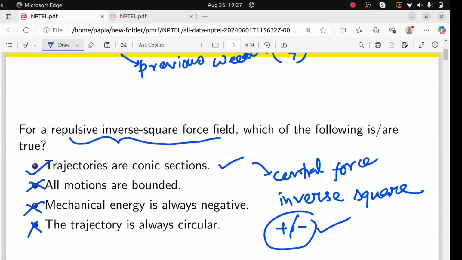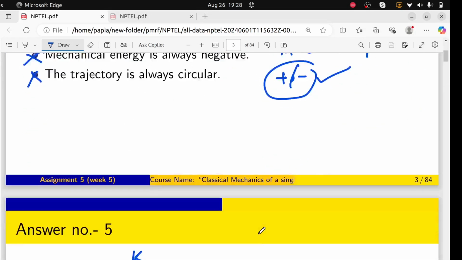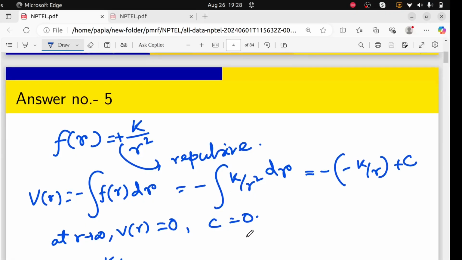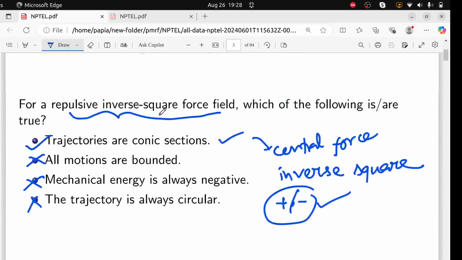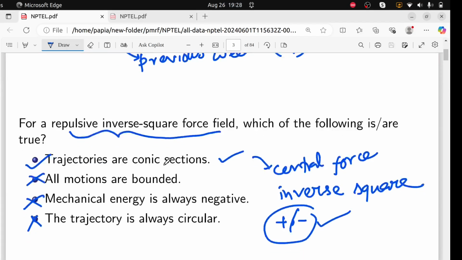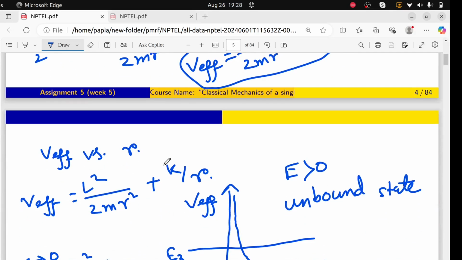So this is, as I told, the previous week question, week number 4, fifth question. Then the answer for this question is first one only. Trajectories are conic sections. So for this case, what we have done, please see that.